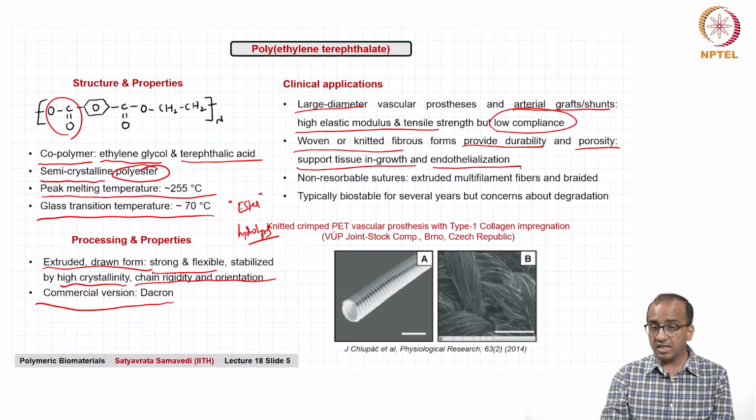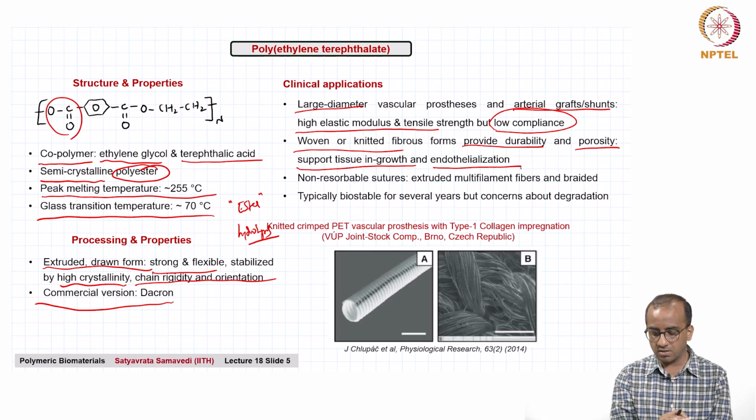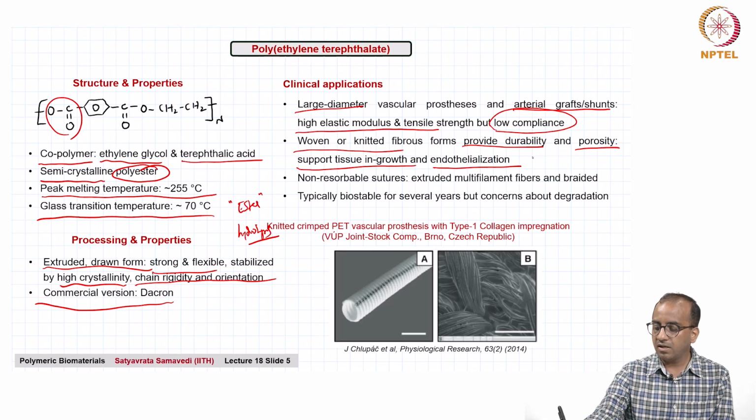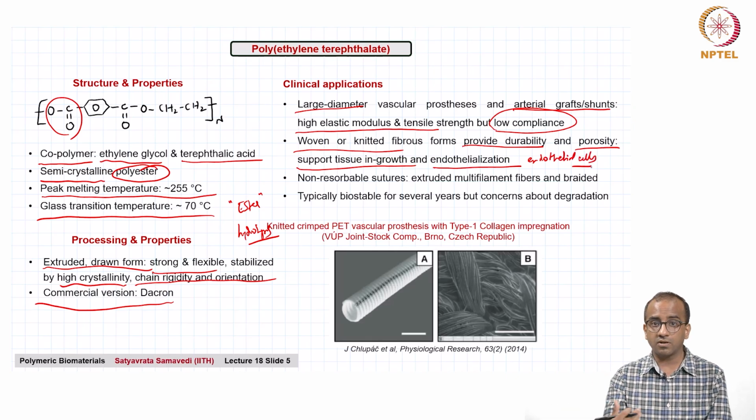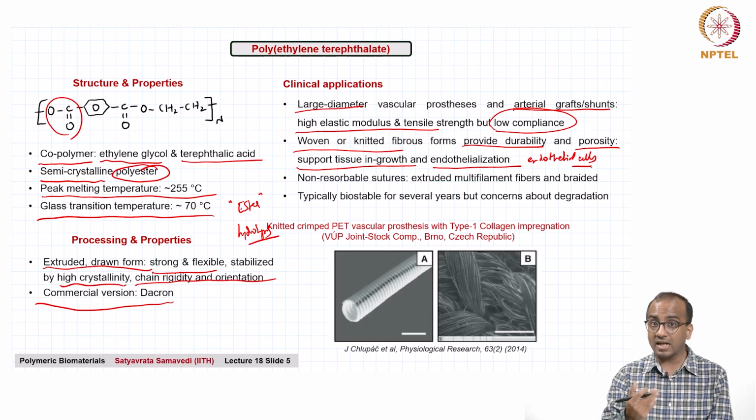Now, endothelialization is a process where a surface can be covered by endothelial cells, which are naturally present in all your blood vessels. They line the inner wall of the blood vessel and they act as natural anti-thrombogenic surfaces. So, if a surface can get endothelialized, then that is going to ensure that the surface becomes non-thrombogenic.